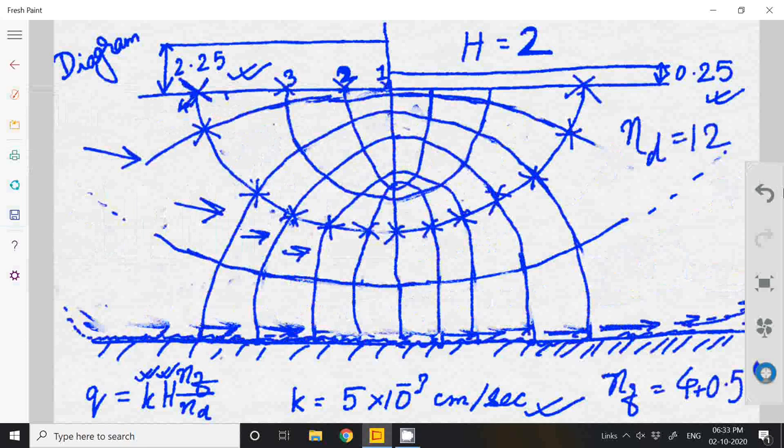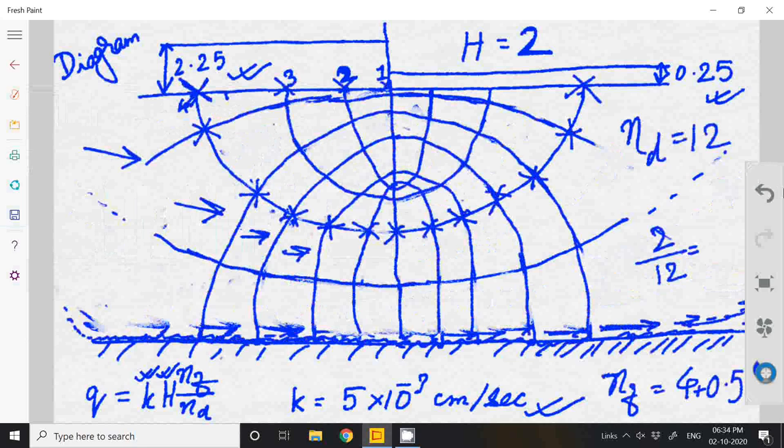So how much will be the drop value actually? How much is it dropping in each part? Can you tell me? It will be 2 divided by 12. What will be 2 divided by 12?